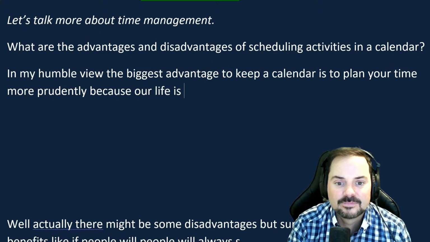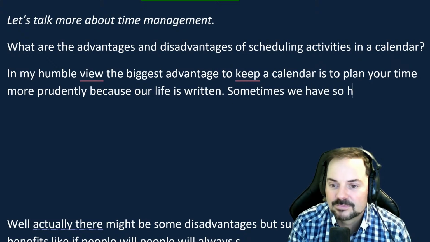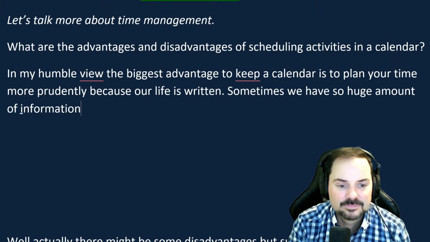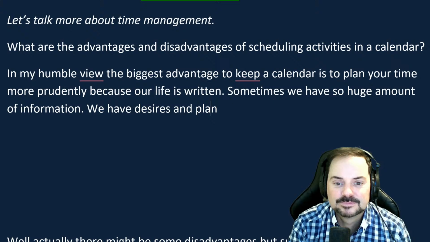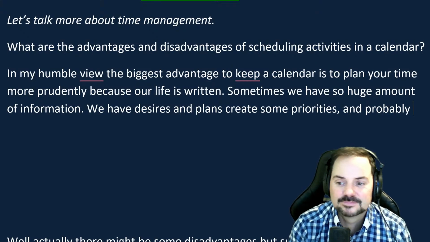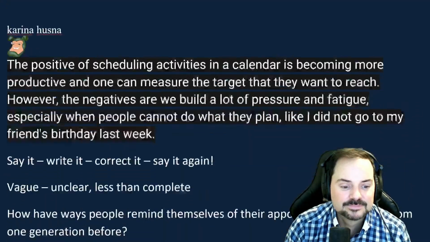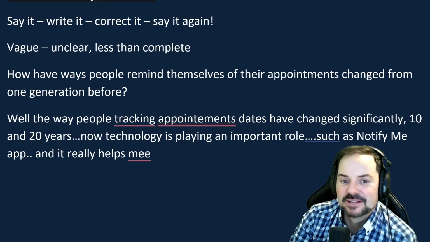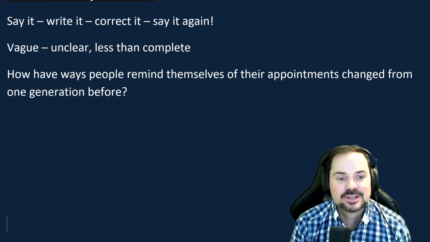We have such a huge amount of information and deadlines and plans and obligations and desires which we have to organize, create some priorities, and probably find the most important points, and sometimes choose the important one over the urgent one, or vice versa, depending on the situation. How have the ways people remind themselves of their appointments changed from one generation before?